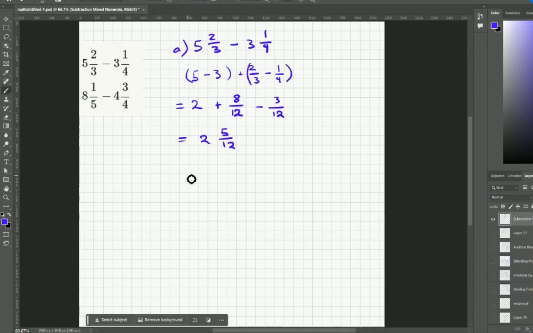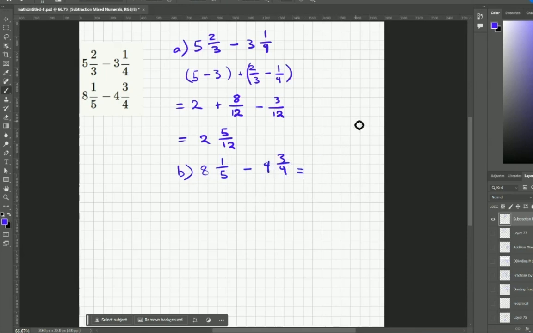B, we'll look at a different approach, I suppose. We can do B. In this one, we're going to look at how we would convert them both over to improper fractions before we begin. So, we have 8 and 1/5 minus 4 3/4.